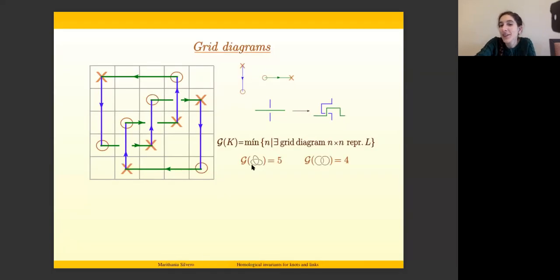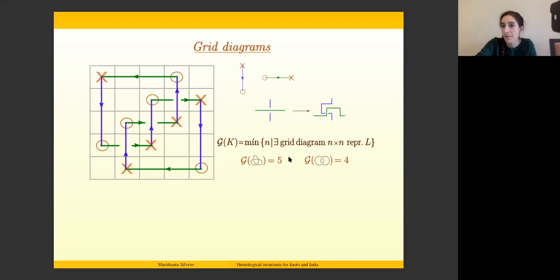So for the trefoil knot, this grid number is 5, meaning that you cannot do the trefoil knot with less than a 5 times 5 grid, okay? And for the Hopf link, you have a grid number 4. But of course, when the number of crossings is higher, this explodes and the size of the grids is very, very big, okay?